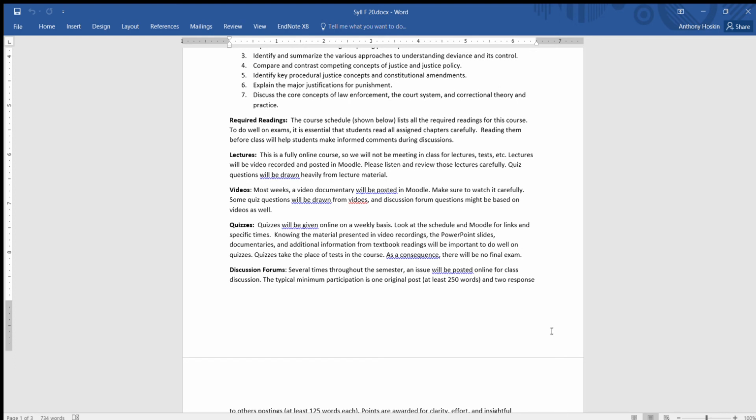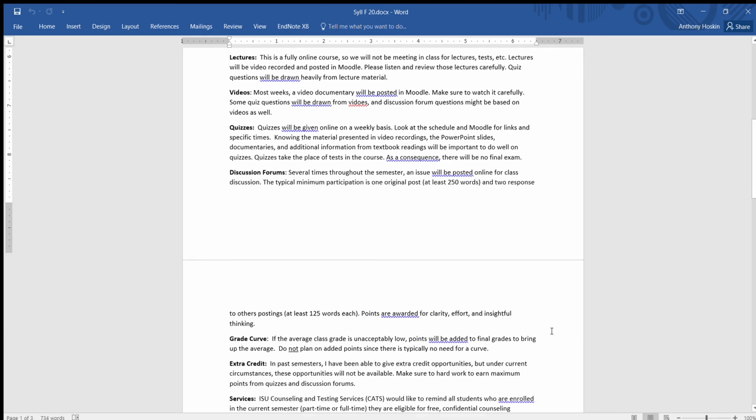Now, I mentioned these discussion forums, 4 times throughout the semester. I'll be a little bit flexible on when I do these, but I'll let you know beforehand. Four times during the semester, when there's a really good topic, a good issue that people disagree on, that I really like to focus on, I'm going to assign a discussion forum.